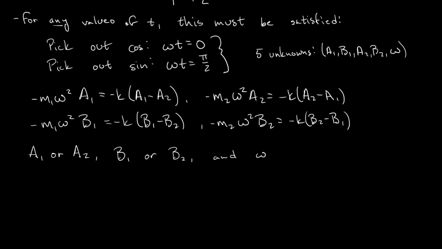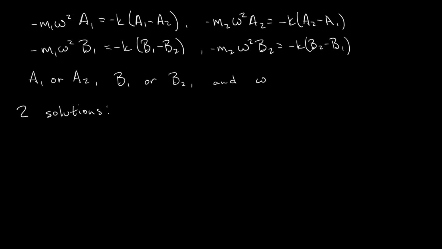And when we do this, we get 2 solutions. The first is that A1 is equal to A2, B1 equals B2, and omega squared is equal to 0.